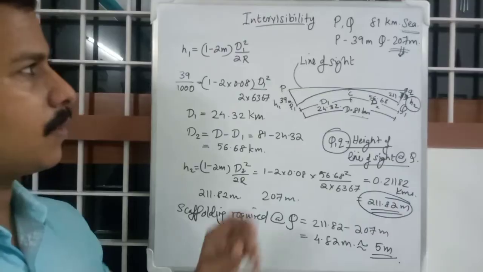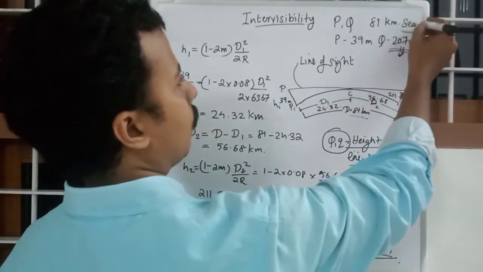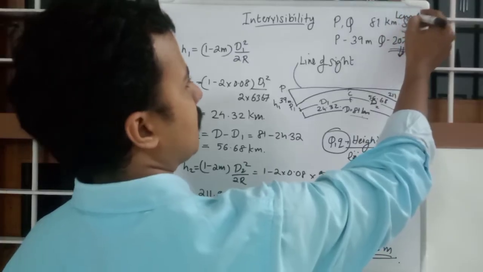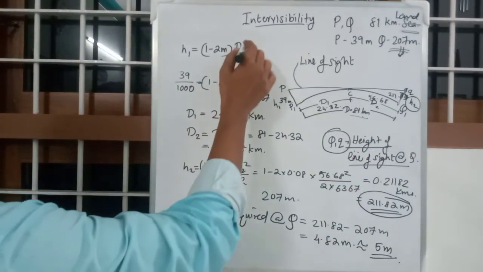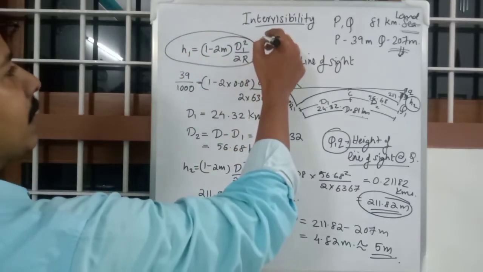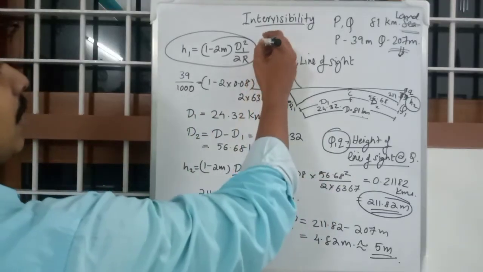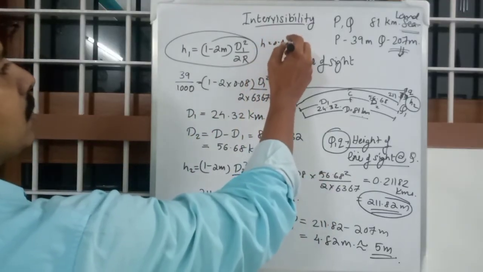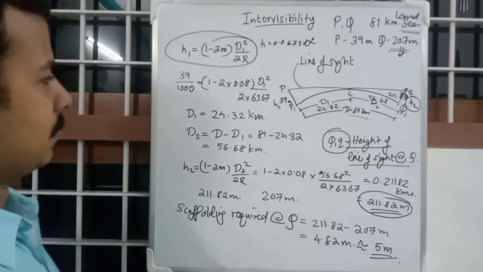And suppose all this was happening on land instead of sea. Then we will be calculating all these values, instead of this equation, using the shortcut version of the equation, h is equal to 0.0673 d square.